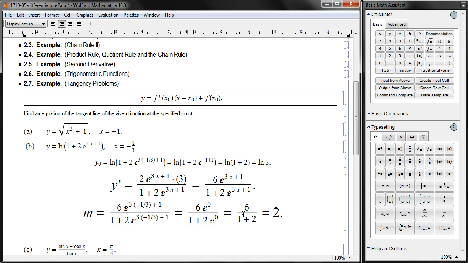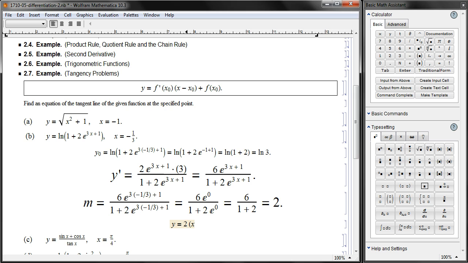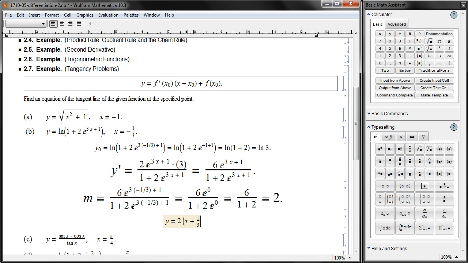Alright, that tells me that the equation of the tangent line in slope point form is y equals 2 times x minus negative 1/3, plus log of 3. This is the equation of the tangent line. Let me open up the cell and show you the picture.